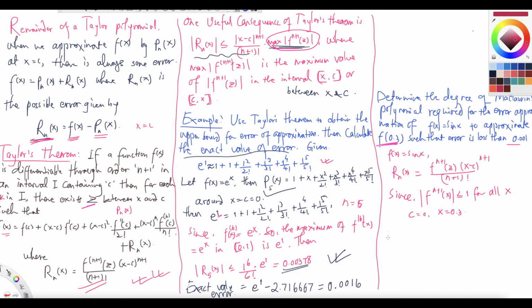So let me write down that R_n(x) is less than or equal to the absolute value of that. What is the maximum value of f^(n+1)(g)? It will always be at most 1, because f is sine x.